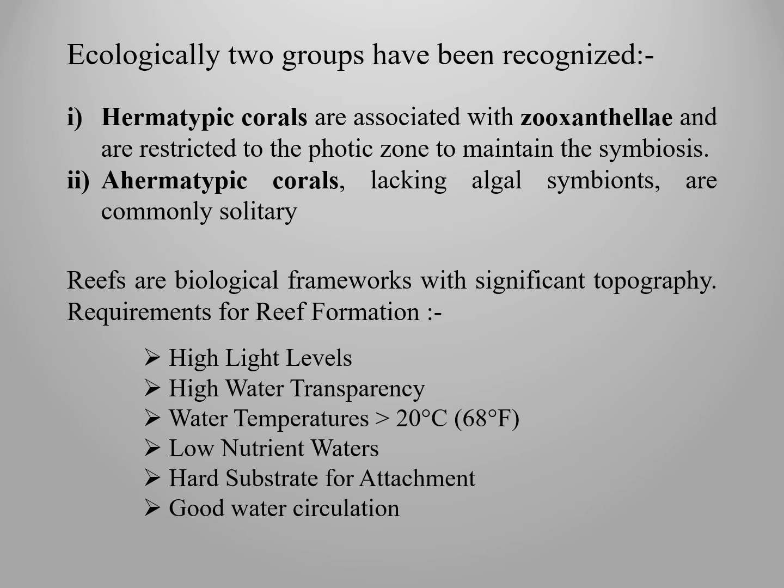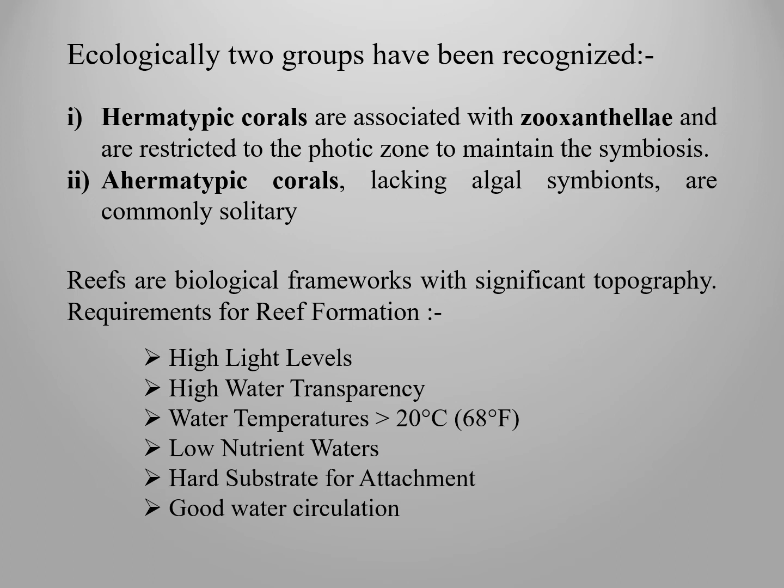Ecologically, two groups of corals, particularly the scleractinian corals, are identified in nature. The first is the hermatypic corals. These are associated with an alga known as zooxanthellae.